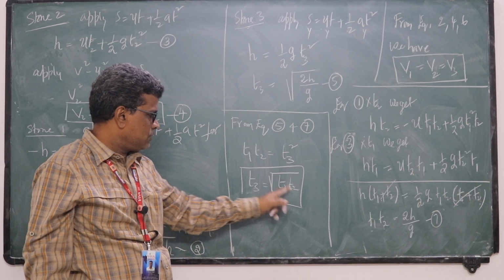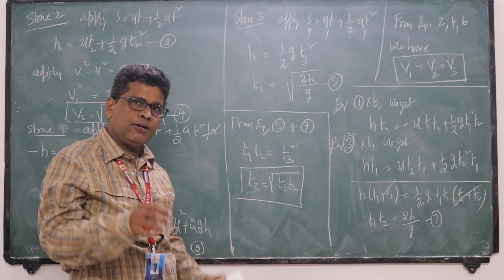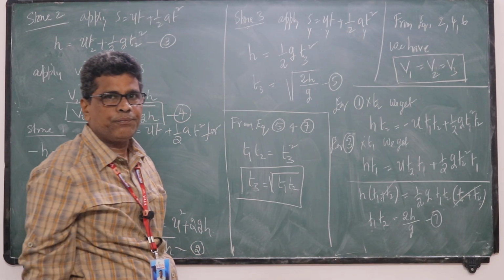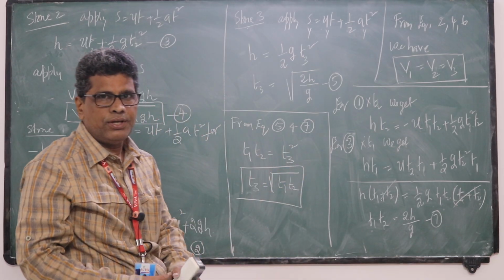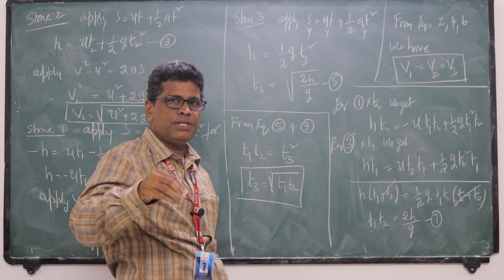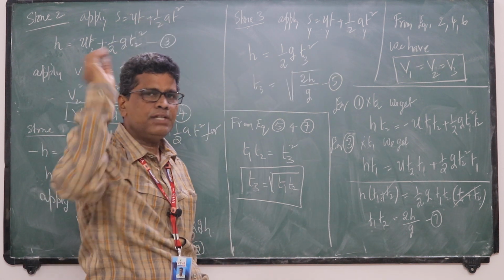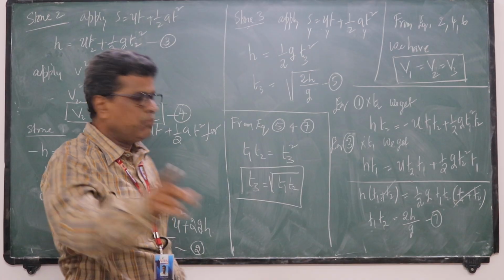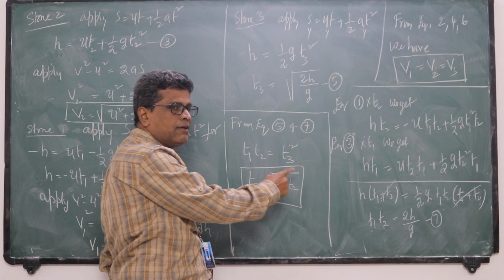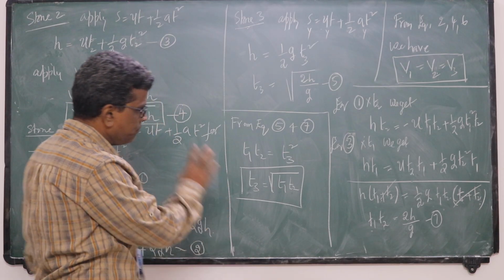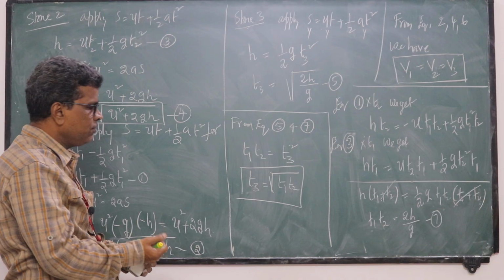Okay. So this is the relation. Otherwise if you take a third object and it is dropped, it will take the same time. Even though you project the third object or you drop it from the same height, or you project horizontally, both will take the same time T3. That is square root of T1 and T2. Clear? So this is the relation between T1, T2 and T3.